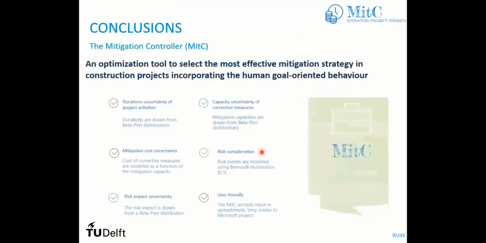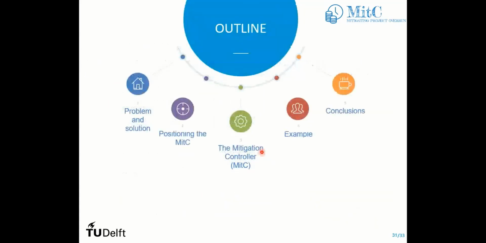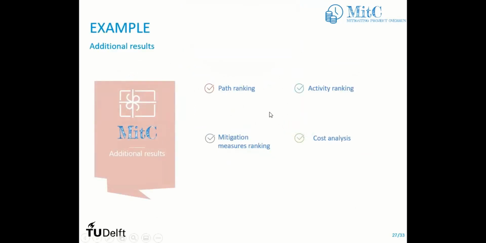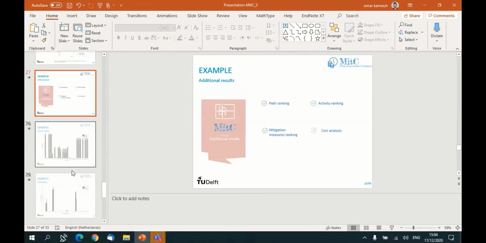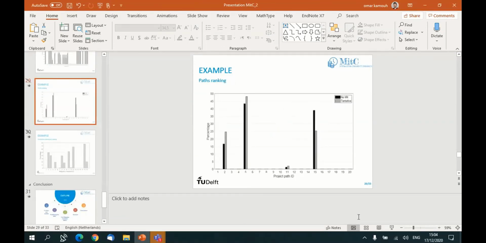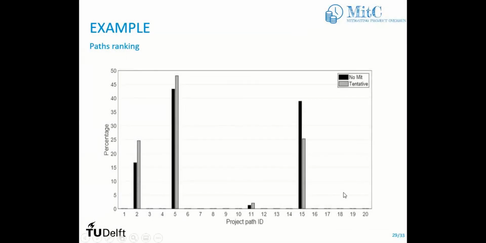Yeah. Can you tell some words about path ranking qualitatively? Yeah, of course. I can also show you a slide about path ranking. You know, when you are using a probabilistic approach, the durations of activities are not constant and they change in every iteration.